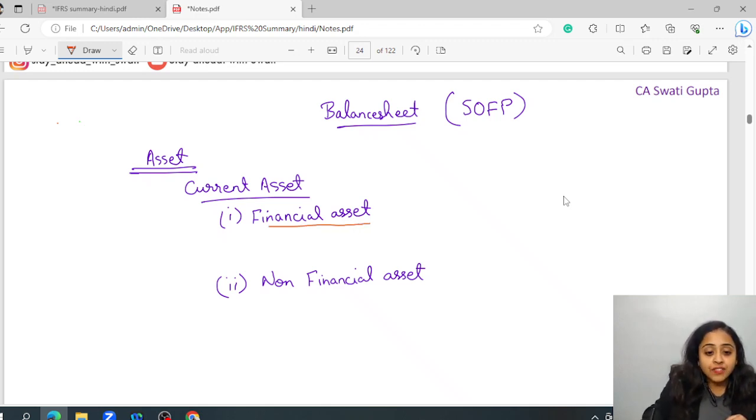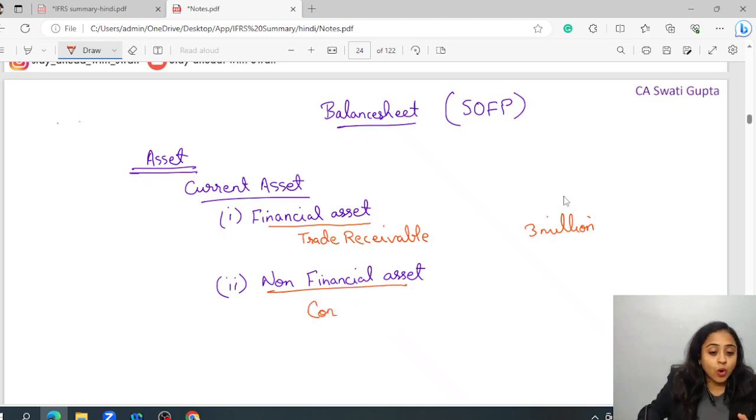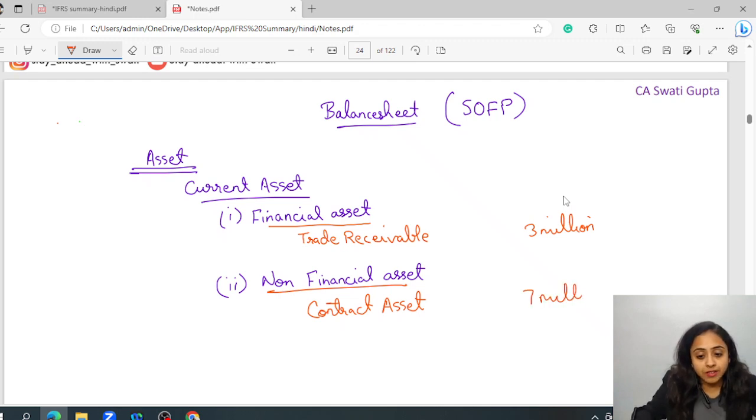Under financial assets, since trade receivable is your financial asset, you will record it as trade receivable, for which the invoice has been raised, that is 3 million. For non-financial assets, it's contract asset, and it's the remaining part of the revenue for which the invoice has not been raised, that is 7 million. I hope this clarifies the concept and your confusion.